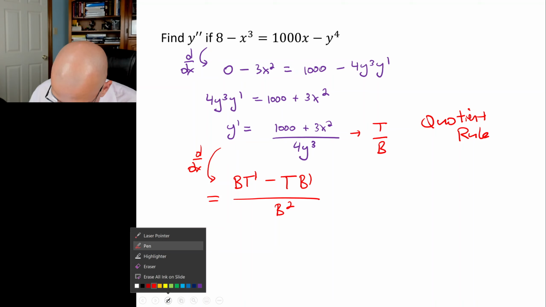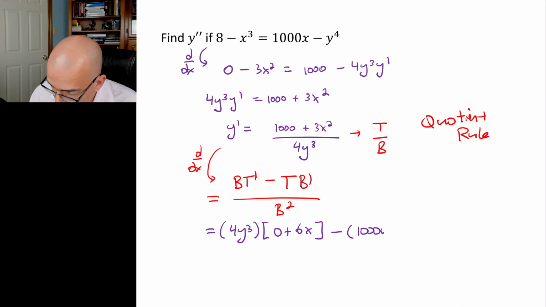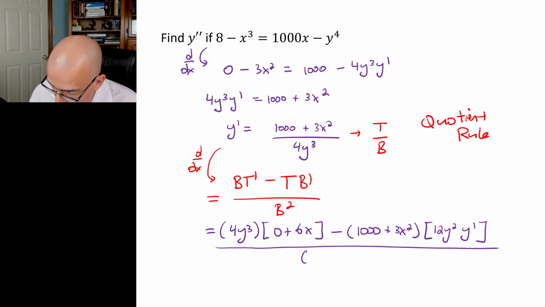And we'll plug in the pieces. The bottom function is 4y to the power of 3. And the derivative of top is 0 plus 6x minus the top, 1000 plus 3x squared. And then the derivative of the bottom is 12y squared times y prime, and then all divided by bottom squared, 4y cubed all squared.